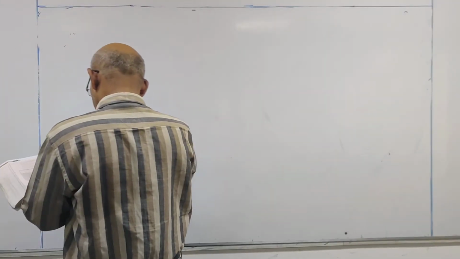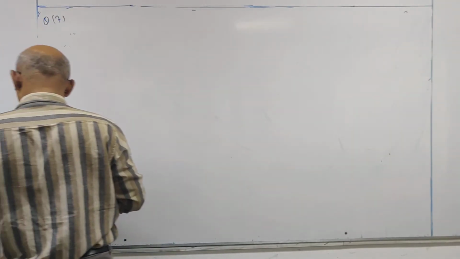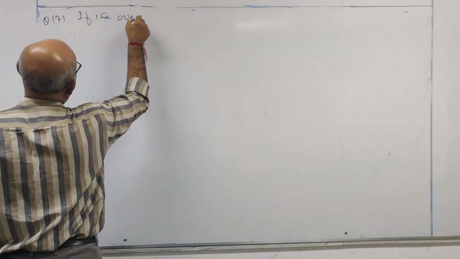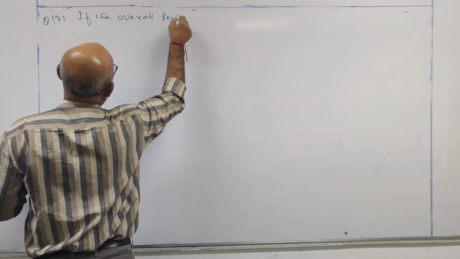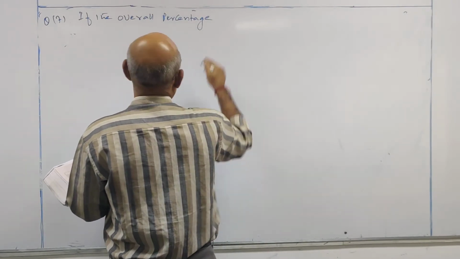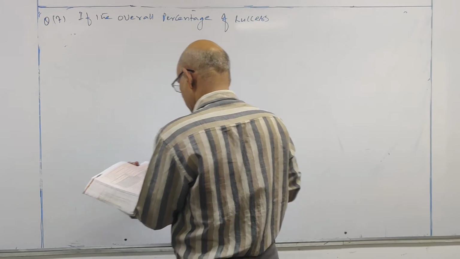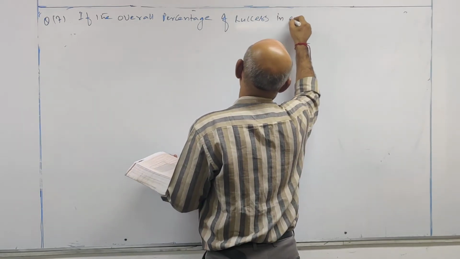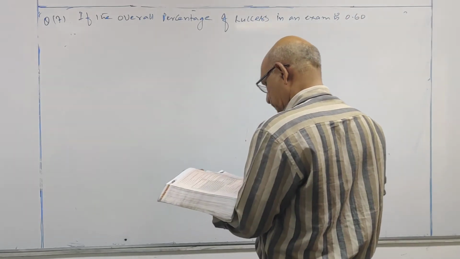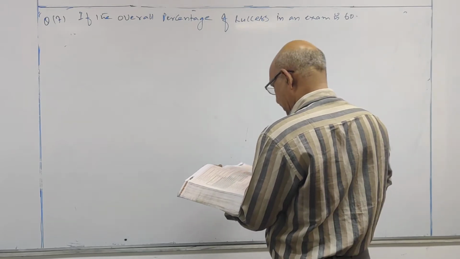Next, question number 7. If the overall percentage of success in an exam is 0.60, percentage it is given 60%, is 60.